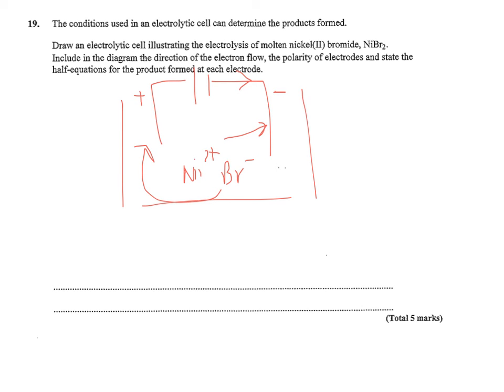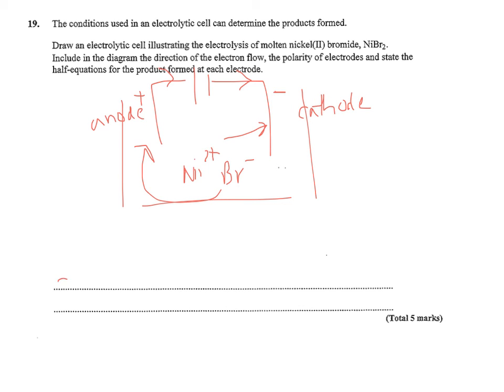That means the bromine is going to be oxidized, so that would make this the anode over here. And the nickel is going to be reduced, making this the cathode on this side. So then they wanted to include the electron flow, we've got that. The polarity of the electrodes, I've got that, and state the half equation.